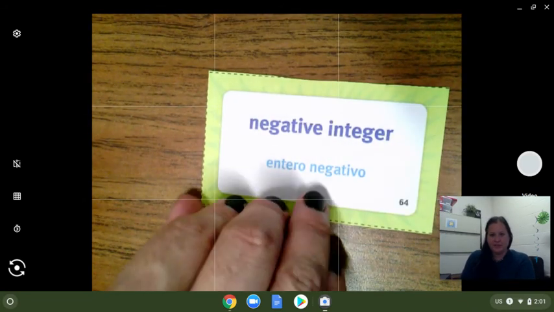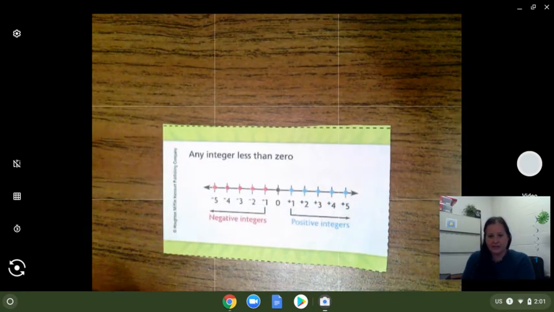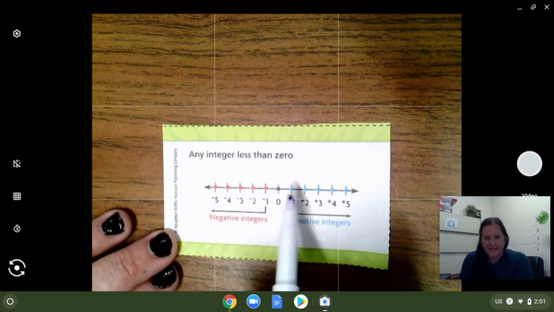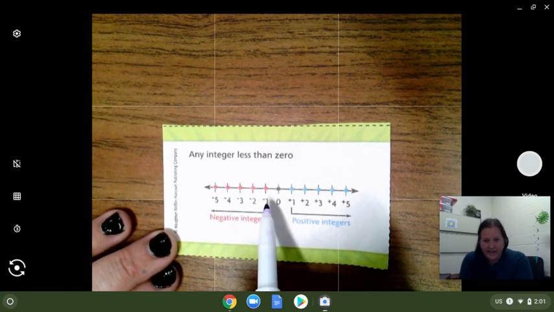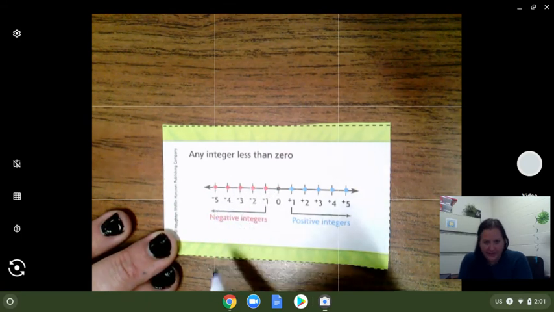A negative integer. This is what we're learning that's new this year, and we're learning how to work with these negative integers. They are the opposite of the positive numbers on the other side. So notice that a negative 1 is larger than a negative 5 or a negative 4, right?